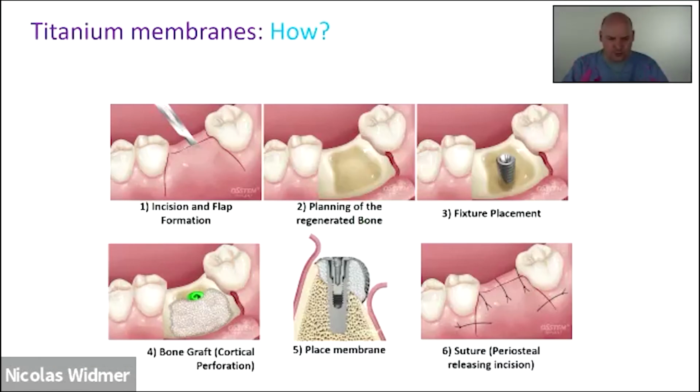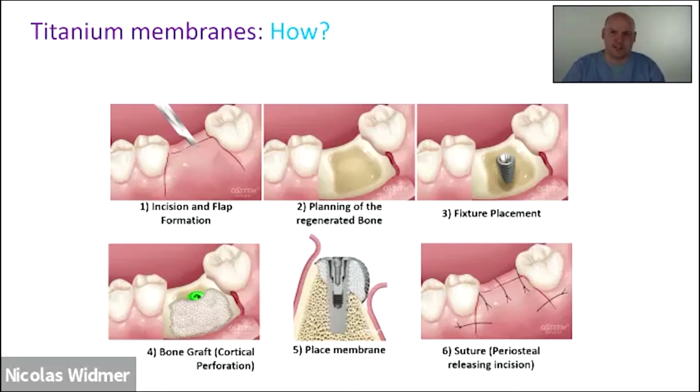Then what you also have to think in the beginning of the surgery, that the flap incision, the flap is big enough. Because when you use the titanium membranes, your flap should be at least 3-4 millimeters wider than the titanium membrane.